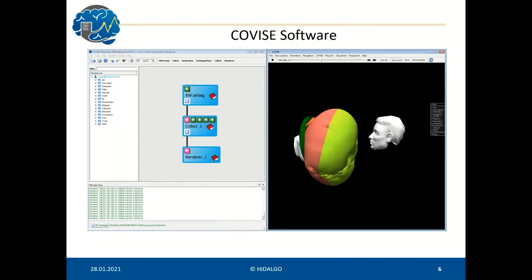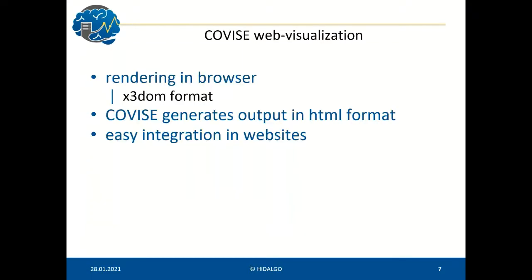And here we have a different approach for the web visualization. Instead of rendering on your PC screen, we implemented a module to save this visualization as an HTML file on your computer. How does it work? This HTML file allows us to do the rendering in the browser.